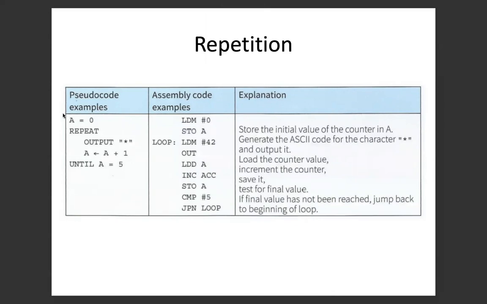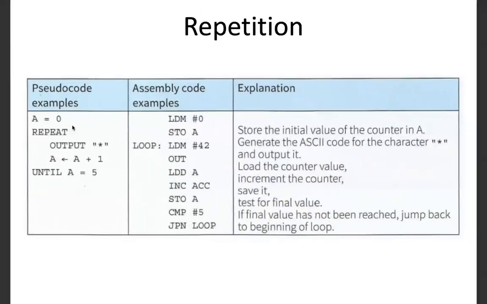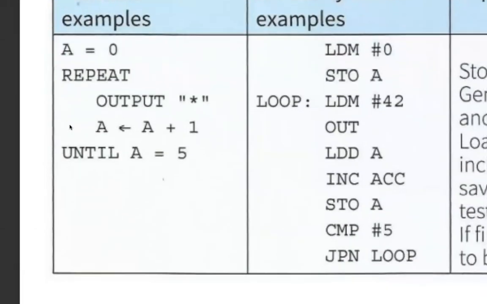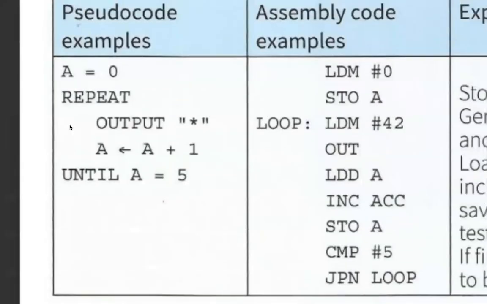Now, as you can see here on the left, there is this code written in pseudocode, but let's just say some high-level language. As you can see here, there is a repeat loop being used. So repeat loop is post condition. That means this loop will run at least once, and then the condition will be tested. If the condition is not yet met, then I will jump back over here.